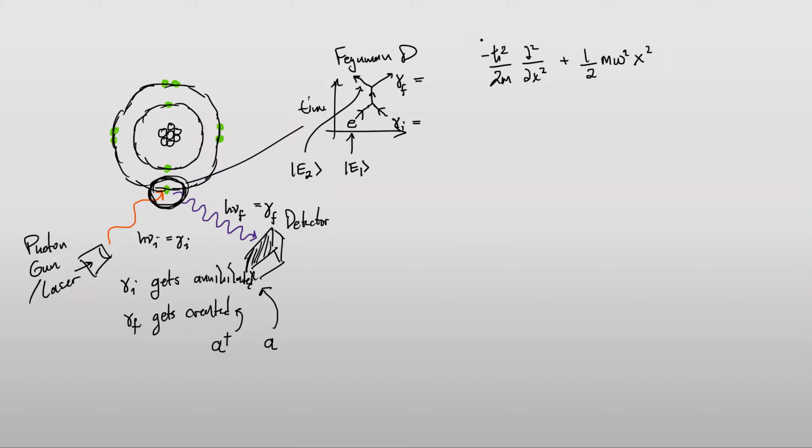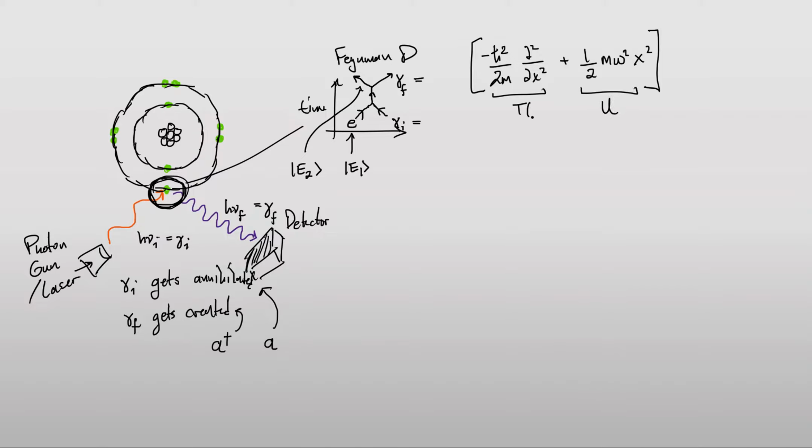Right, so we have this operator. So this is our potential energy. Oh no, that's not our potential, that's our kinetic energy. So this is our kinetic energy, that's usually denoted with T. This is our potential energy.